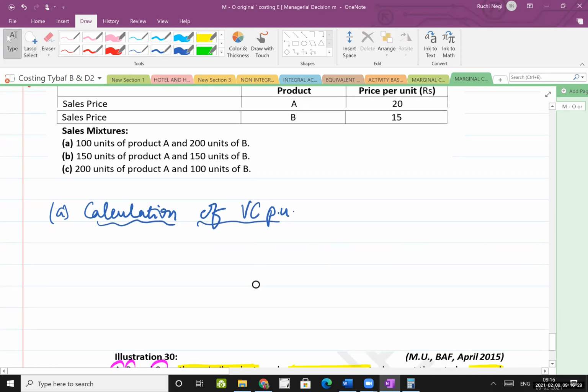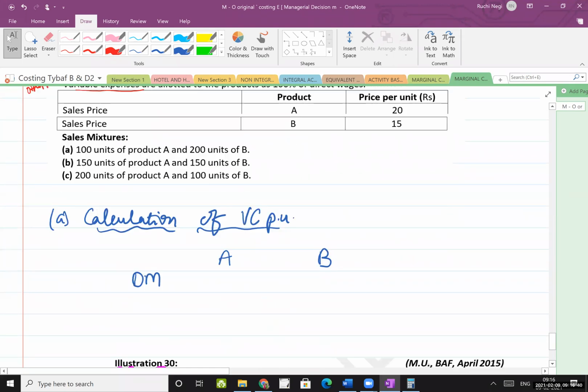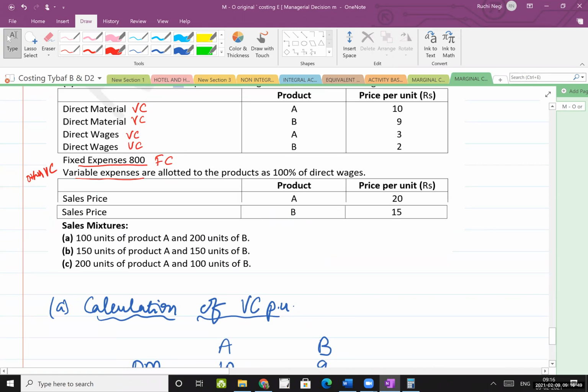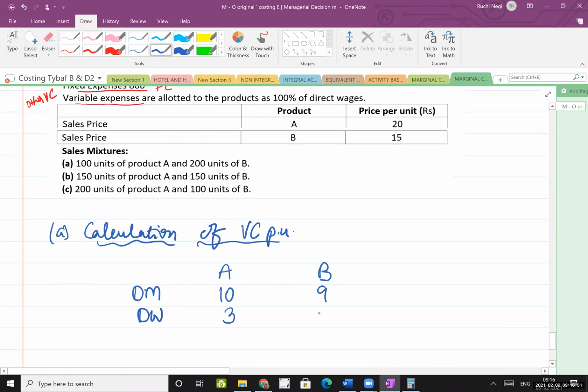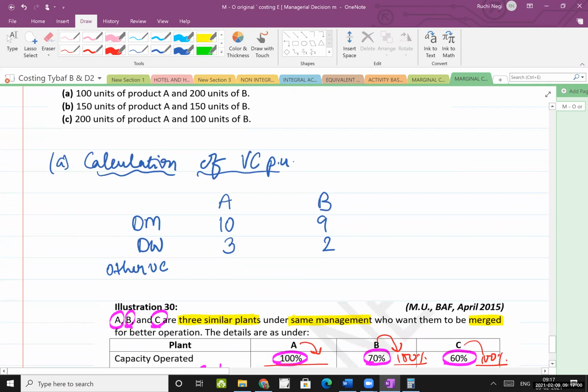So products that are with you is A, B, in that we have direct material 10 and 9, 10 rupees and 9 rupees. Next we have direct wages, how much? 3 rupees and 2 rupees, so 3 and 2. Then we have other variable cost, and they have said it is 100% of direct wages.